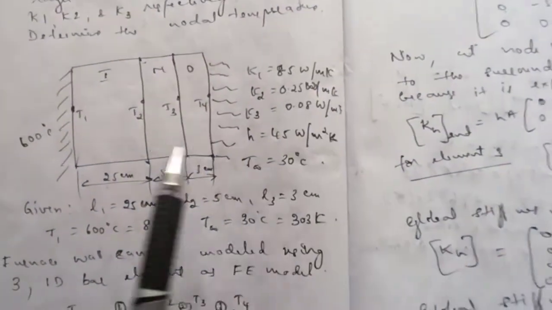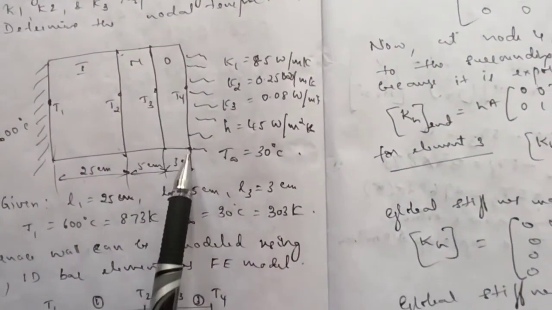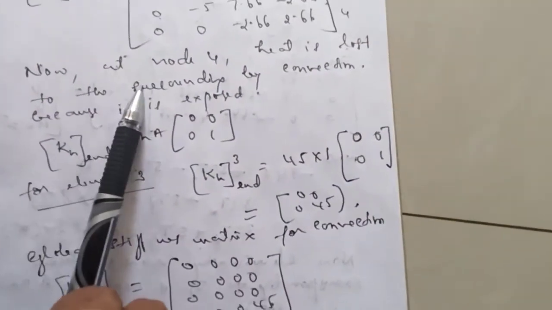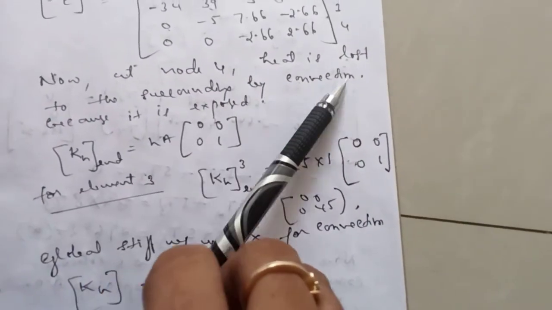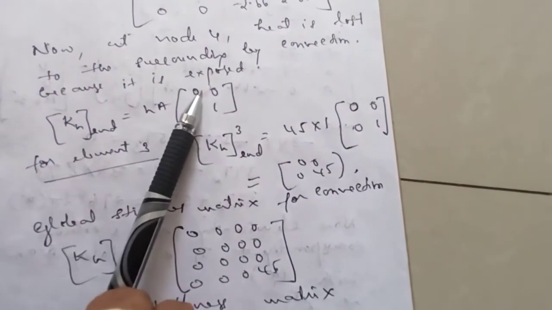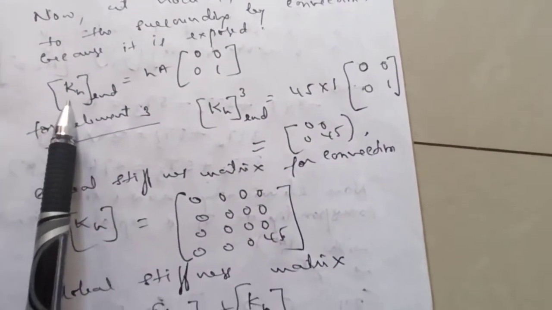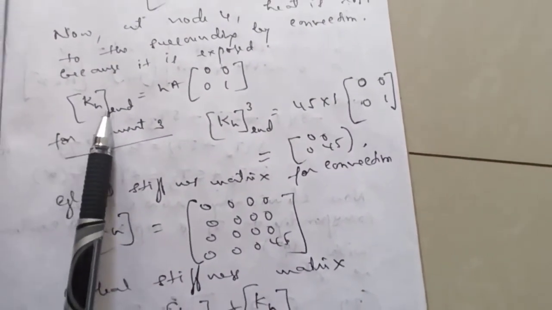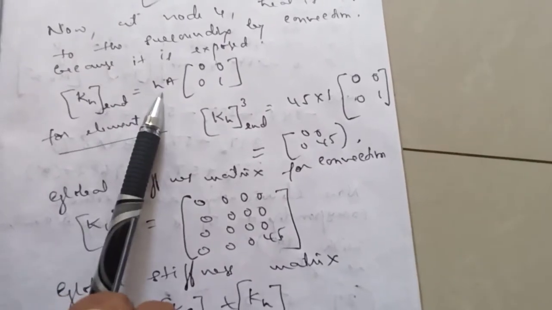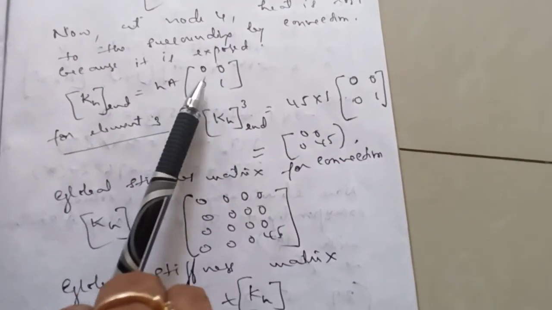Now since in the problem the convection takes place at the last node, at the fourth node, that means here we need to find out at the fourth node heat is lost to the surrounding by convection. So since it is exposed, we need to find out the heat loss. So we need to find out the stiffness matrix for convection at the end, only at the end. So for the end it is given as H into A [0 0; 0 1].